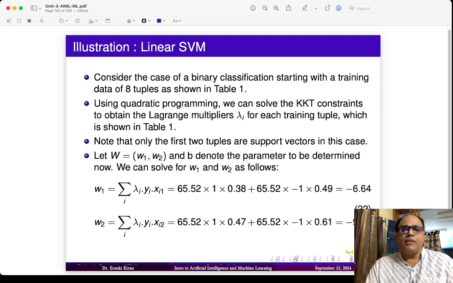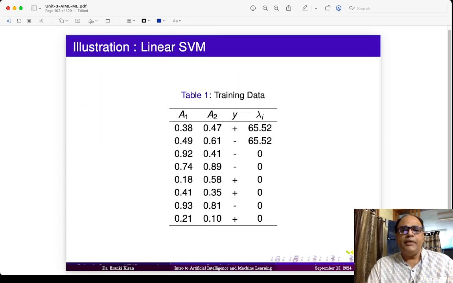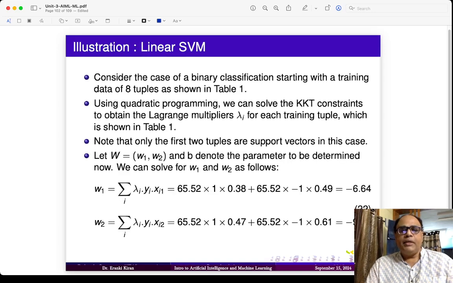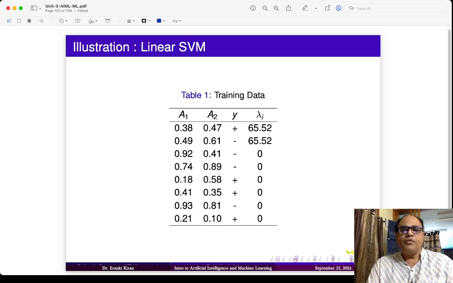First we take the support vector on the positive side multiplied by 1, multiplied by A1, that is 0.38, plus the support vector on the negative class multiplied by 0.49.